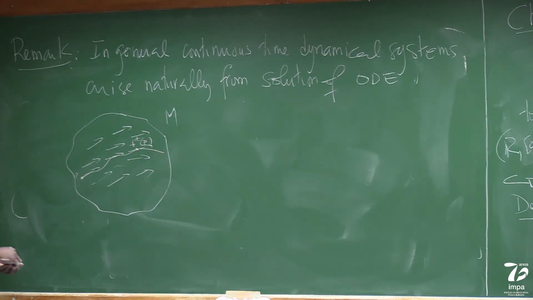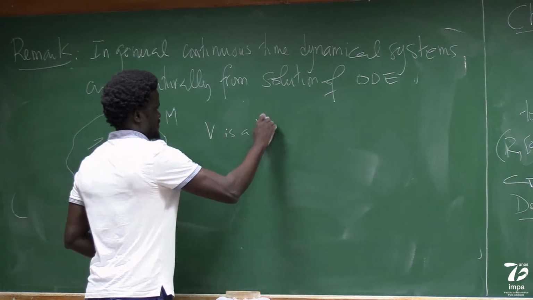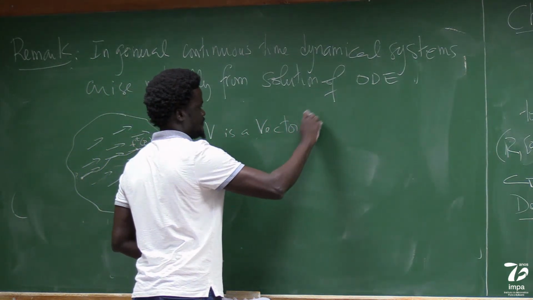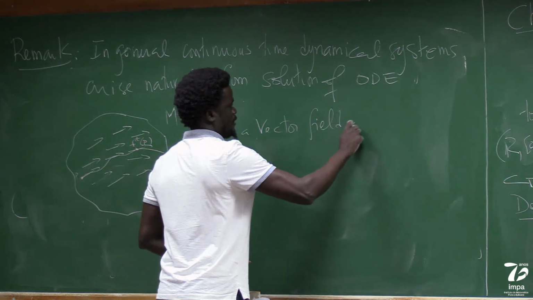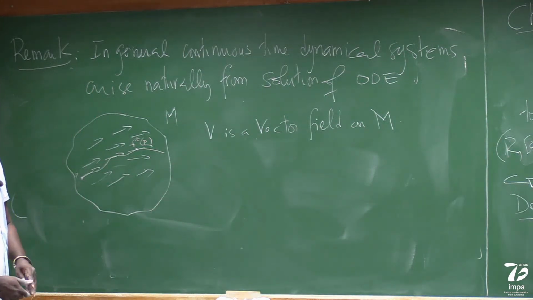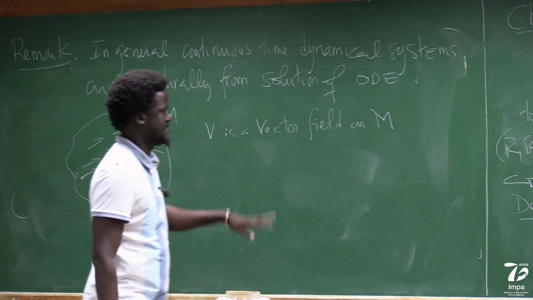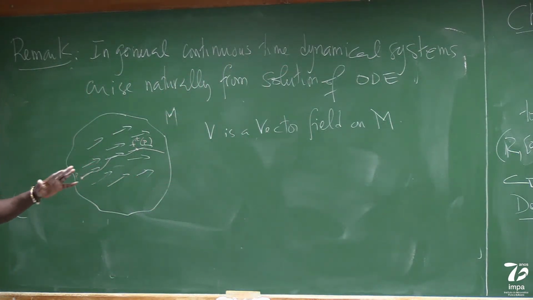So in general, given a vector field V on M, here I might put some small structure, I might think that M has some differentiable structure.